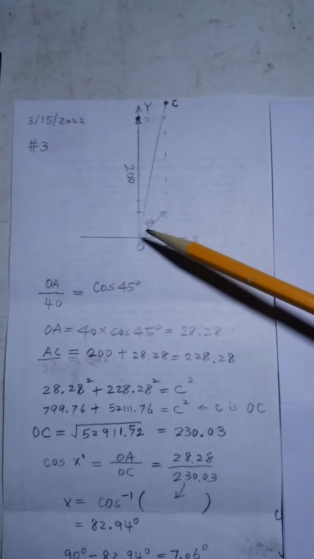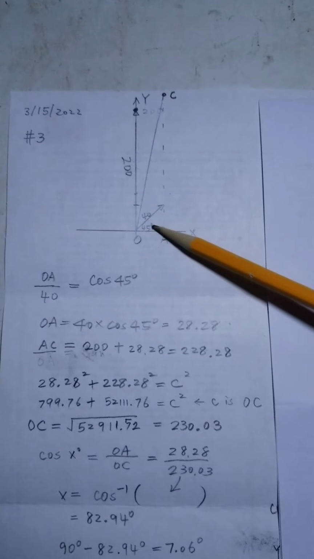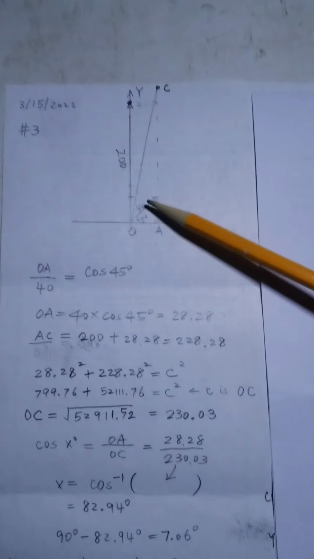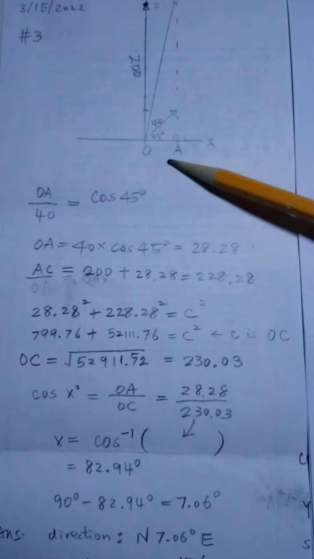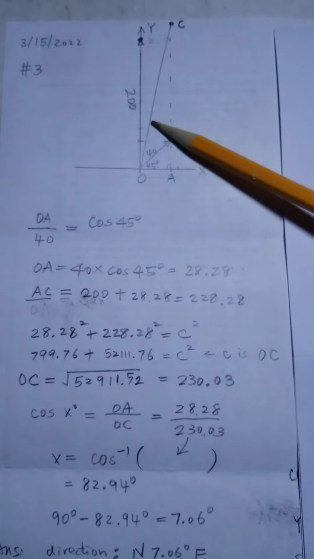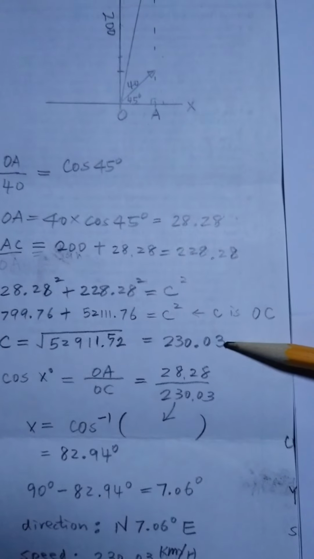Okay, then you figure it out. We're going to get the degree out of this. Okay, it's more than 45, but not 90. So you're going to do adjacent over hypotenuse. The hypotenuse is the speed, 230.03.